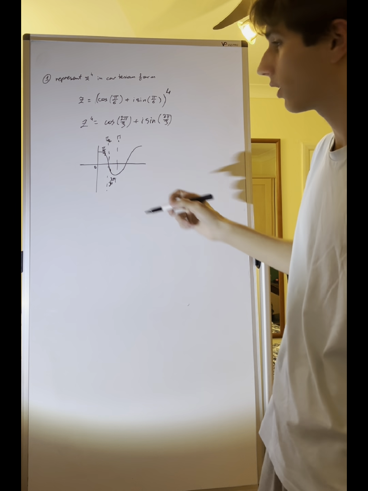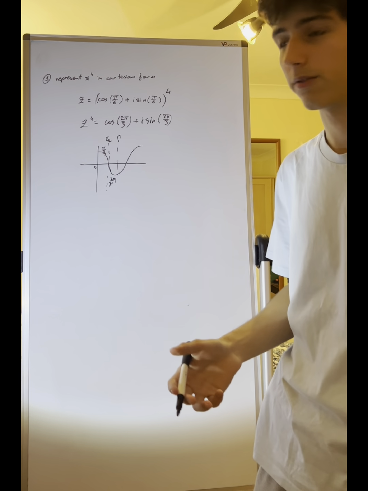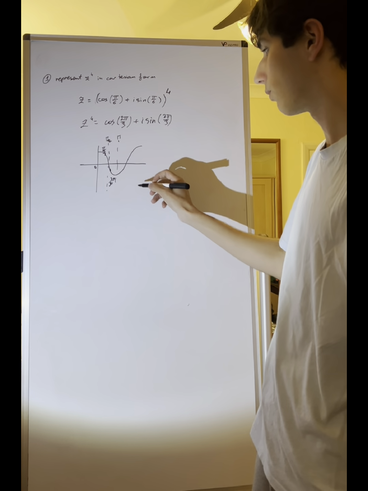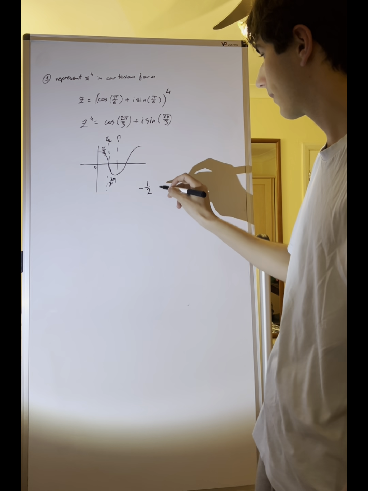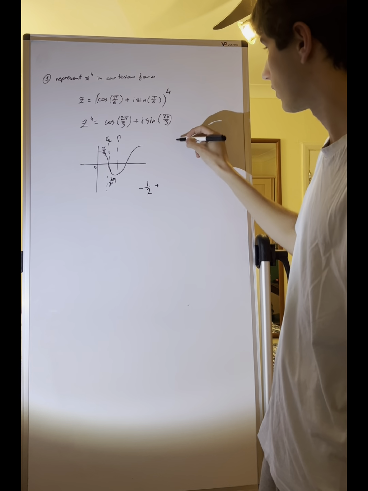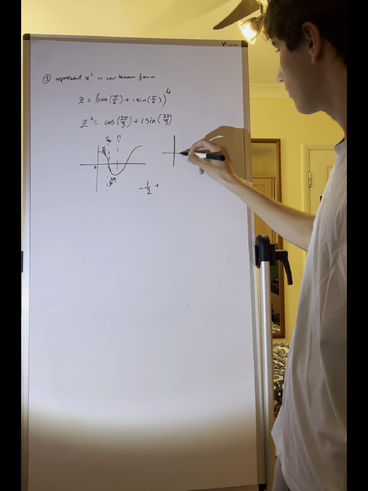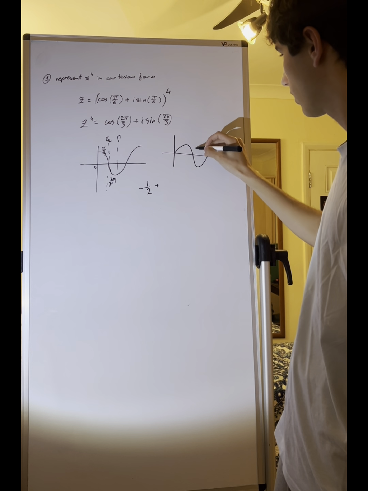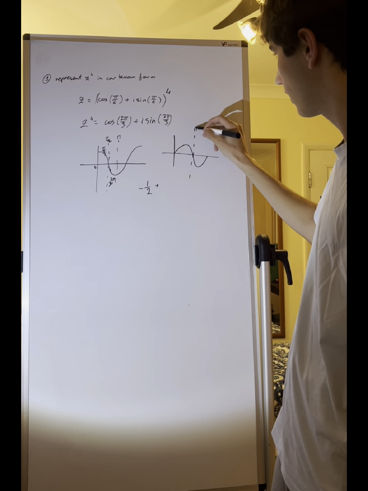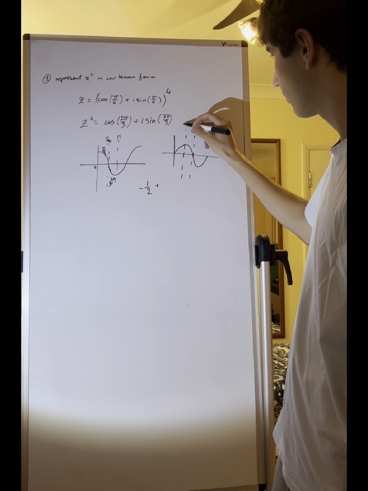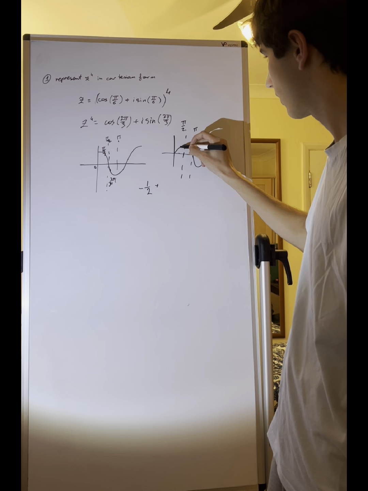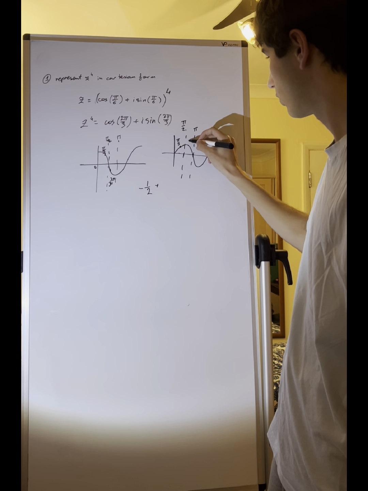So cosine of pi over 3, cosine of 60, is just 1/2, right? So this would be negative 1/2. So negative 1/2 plus, and we can do the same with sine. So this is our pi over 2, pi over 3, and 2 pi over 3.